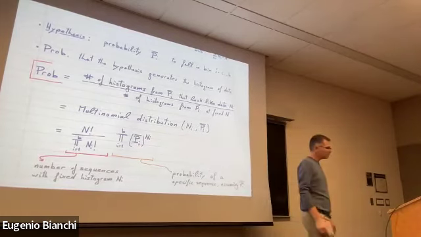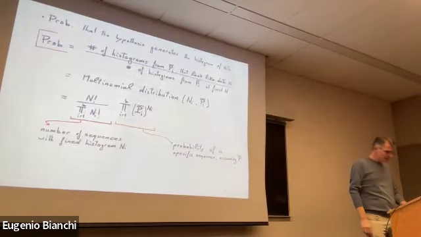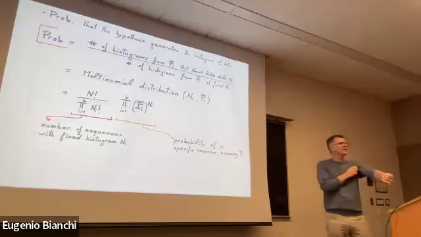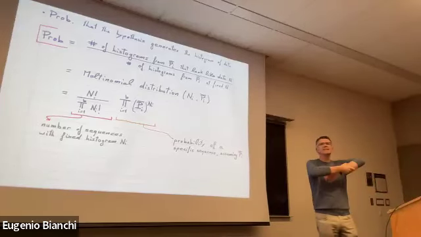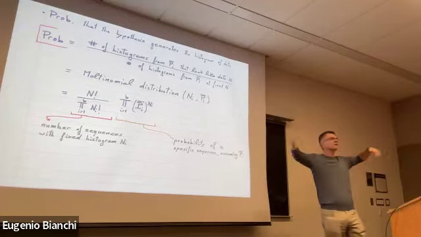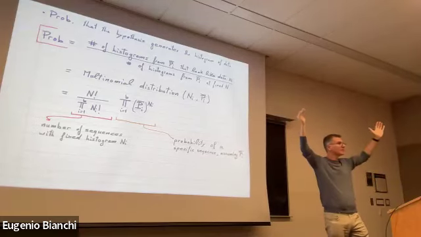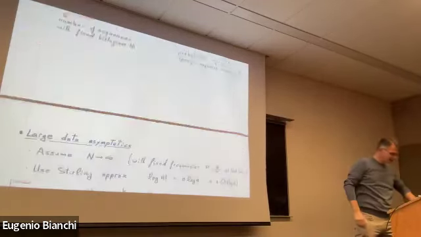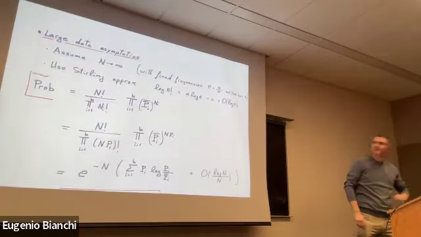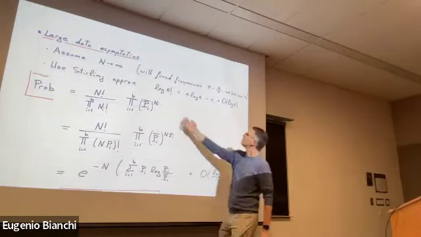Okay? Now, I can still make a step because this formula is not very readable. And after all, I'm only interested in asymptotic properties at large sample size. So how do I do it? I do asymptotics. I do Stirling approximation.